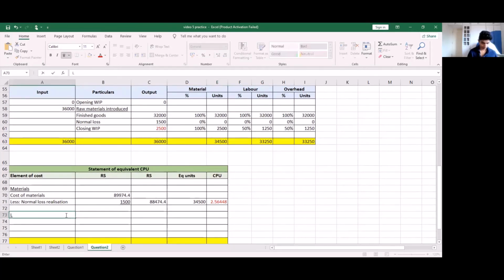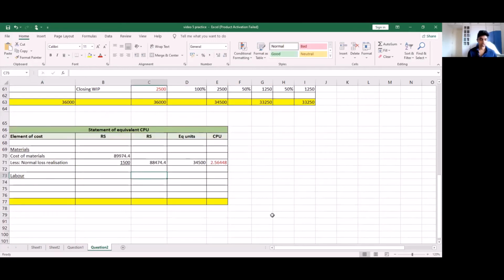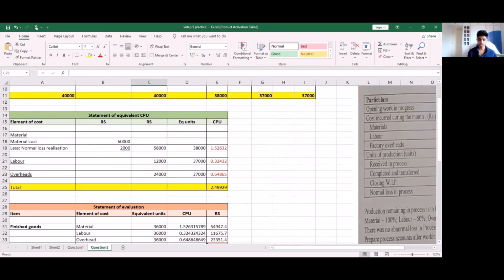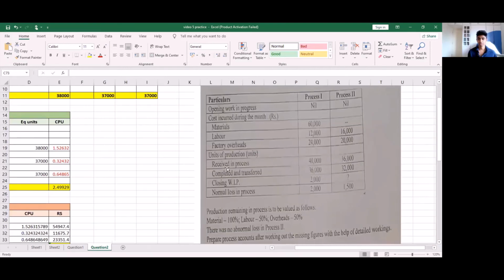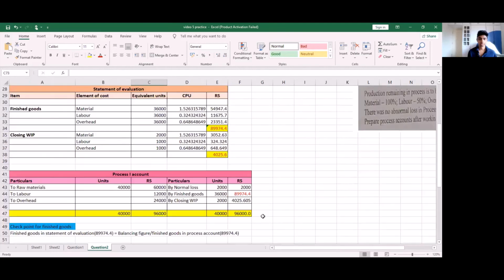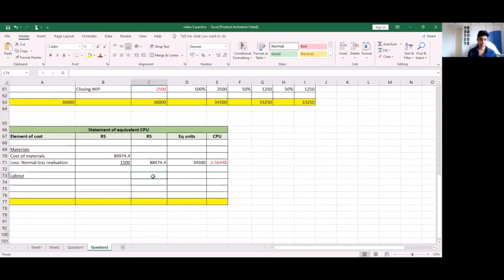Next, we have labor. For labor, our cost for process 2 is given as 16,000. So let's quickly write our labor expense of 16,000. Equivalent units is 33,250. We find our cost per unit in the same way by dividing our amount by equivalent units to get a cost per unit of 0.4812. Finally, we have overheads.